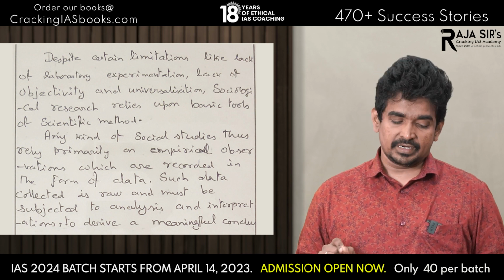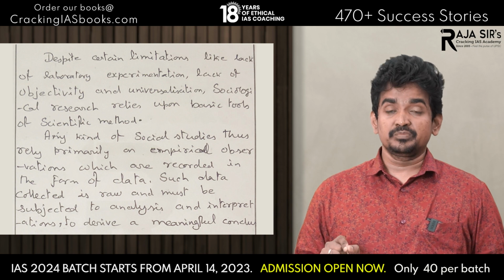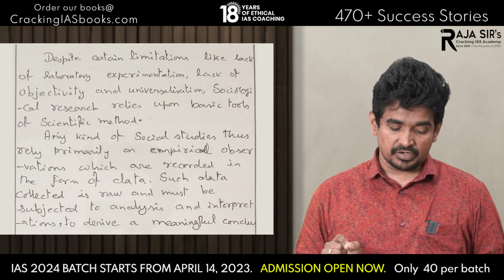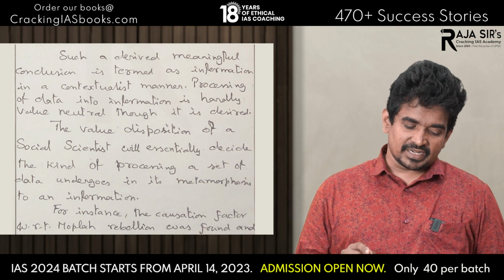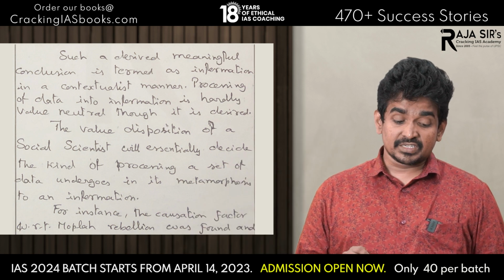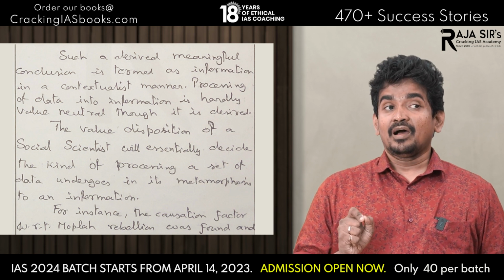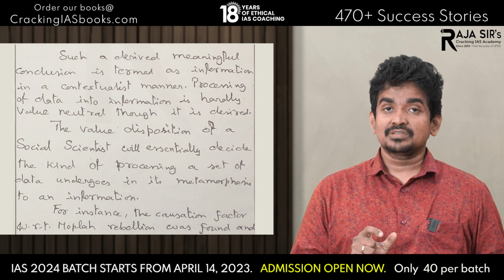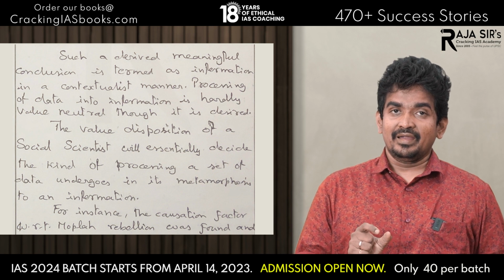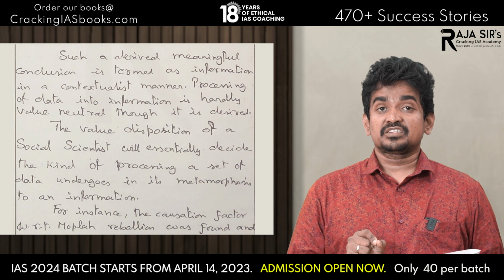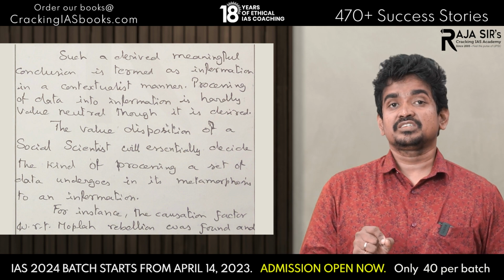Such data collected is raw and must be subjected to analysis and interpretations to derive a meaningful conclusion. Full stop. Such a derived meaningful conclusion is termed as information in a contextualist manner. See, why I have used contextualist is, again, it is highly variable with reference to the specific context and ideological inclination of the researcher involved, right?